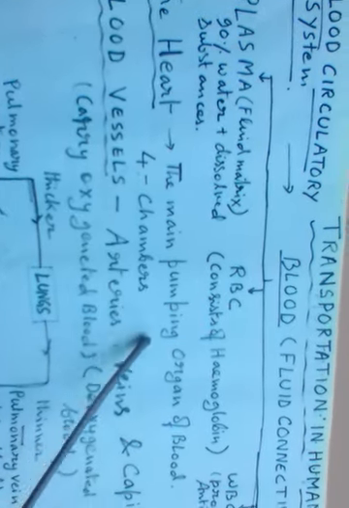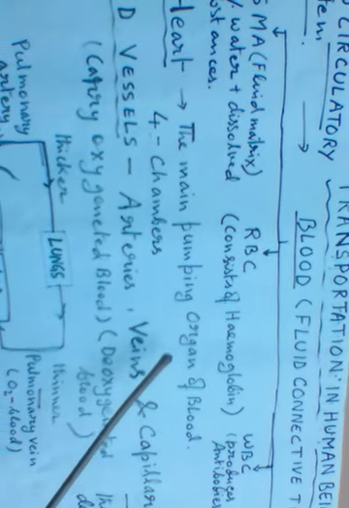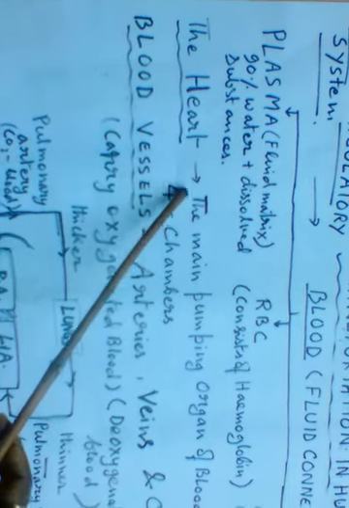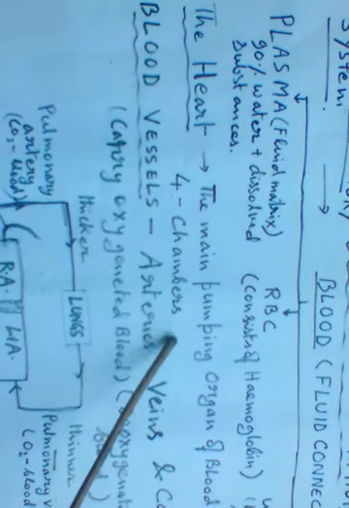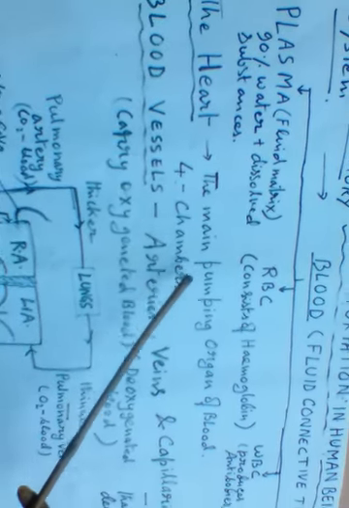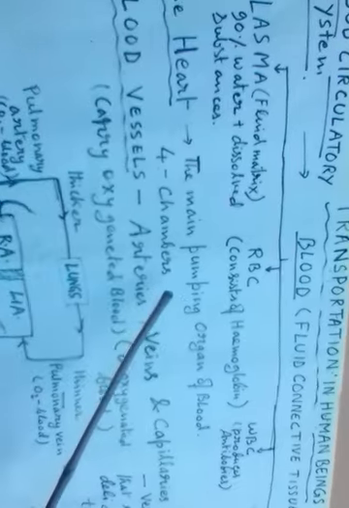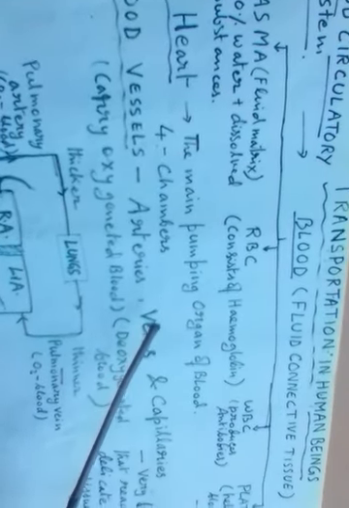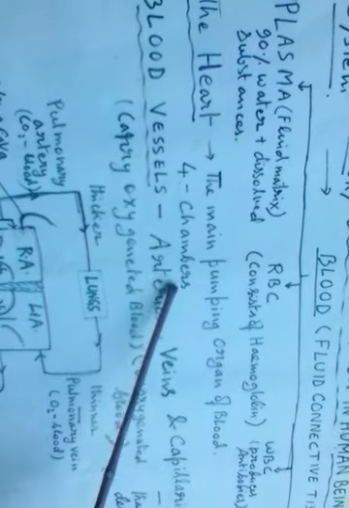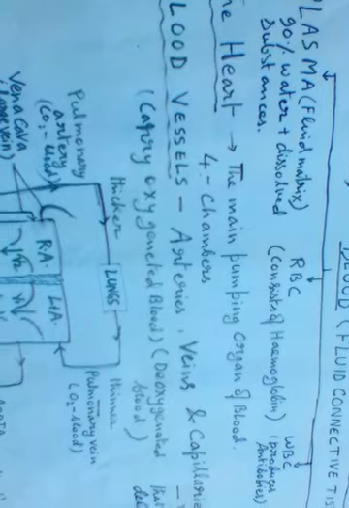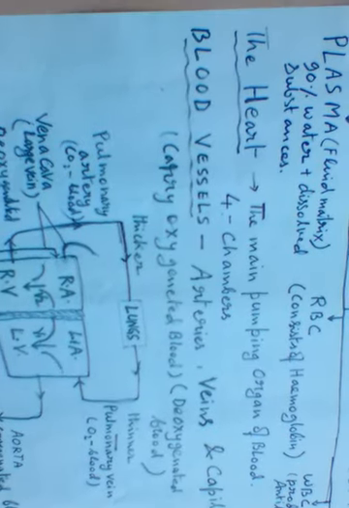The heart is mainly the pumping organ, and let's see how it is structured. But you must know that it has a complete 4 chambers. In fishes it has 2 chambers, in amphibians 3 chambers, whereas in higher organisms like mammals it has a completely 4-chambered heart, and there is a complete separation of deoxygenated and oxygenated blood.